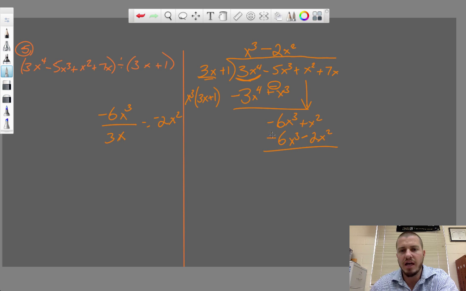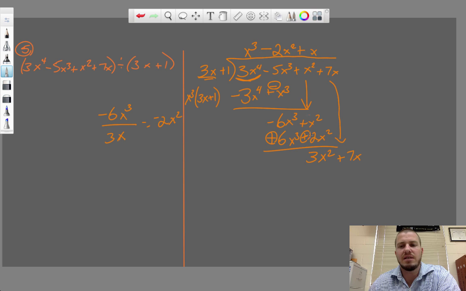I've got to remember to change my signs. That means I already changed them. So now I'm combining like terms. These should cancel out, which they do. This becomes 3x squared. So I bring down the 7x and then I start over.